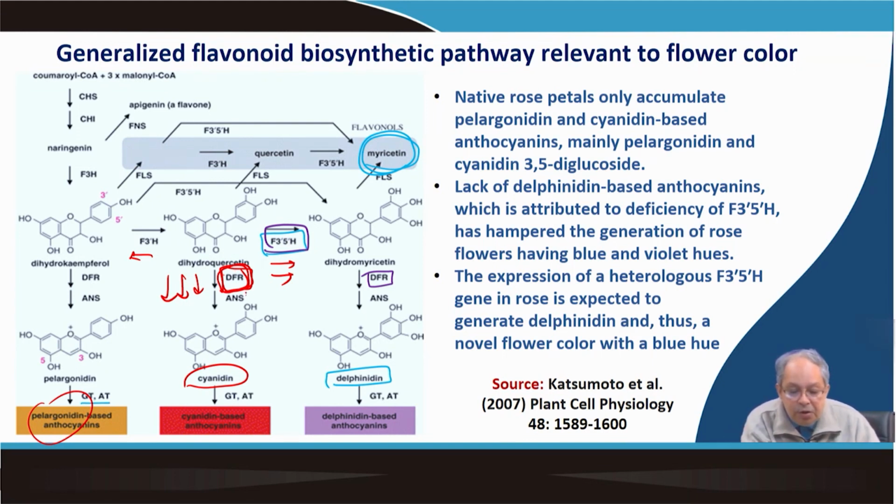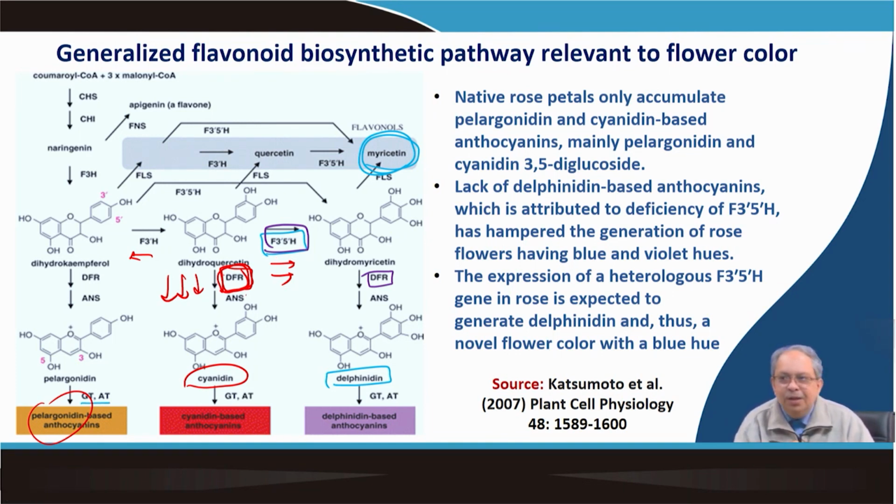If this DFR is strong, with a stronger expression, it will pull the substrate more towards cyanidin. Even if you put extra copies of F3'5'H and DFR from different sources, the endogenous DFR will not allow it to function.